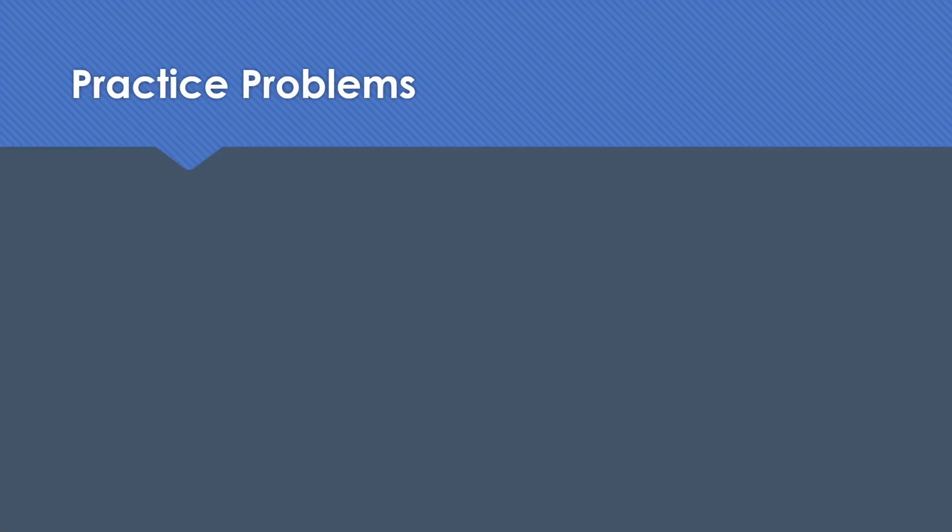So now I'm going to show you some practice problems. I want you to attempt them first, and then I'm going to solve them out for you. It's really important that when you do practice problems, it's most useful if you actually take the time and pause the video.